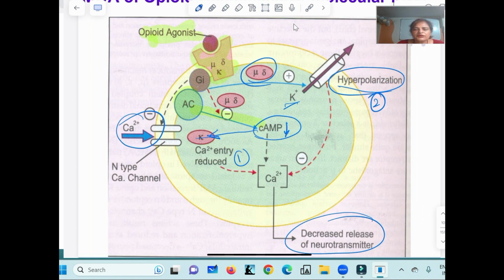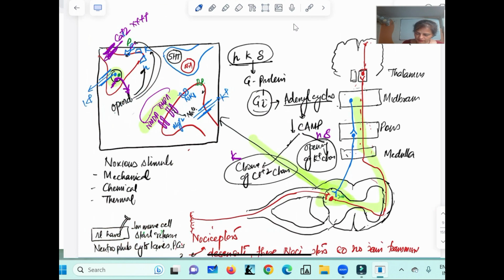Which neurotransmitters are we talking about here? We are talking about glutamate, substance P and calcitonin gene related peptide, because they are the ones which carry the pain impulse from the first order neuron to the second order neuron.